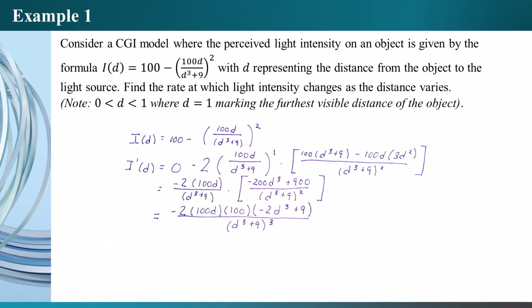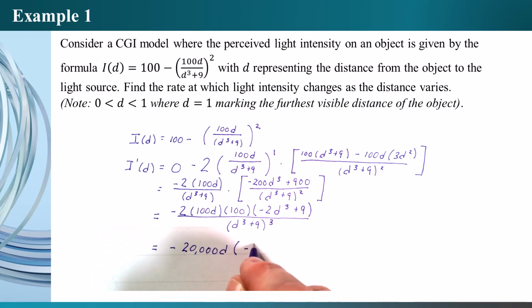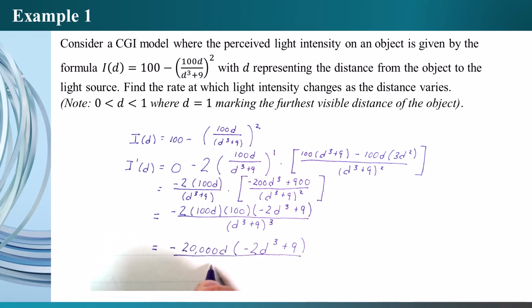Well, now if we multiply negative 2 times 100d times 100, we get negative 20,000d times negative 2d cubed plus 9, and all of that is over d cubed plus 9 quantity cubed.